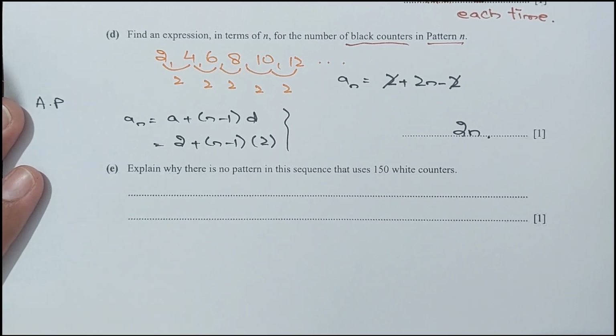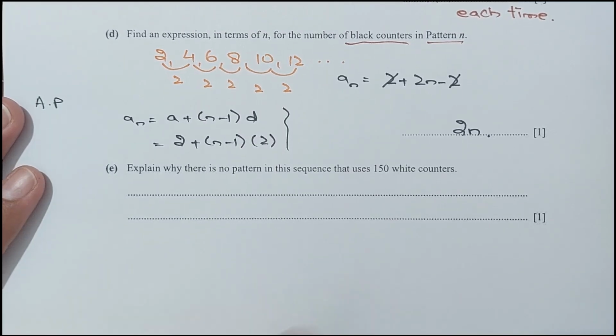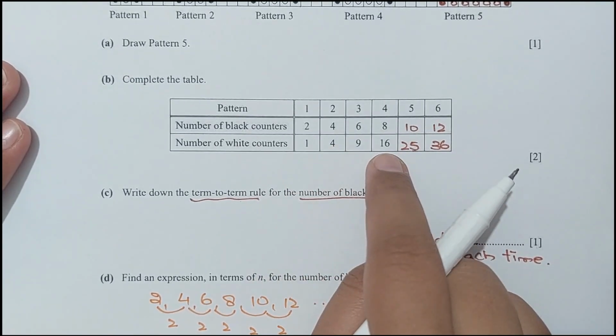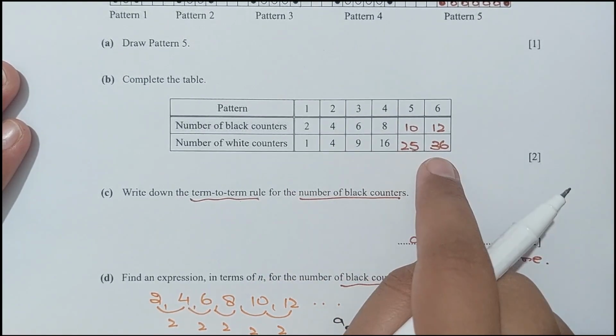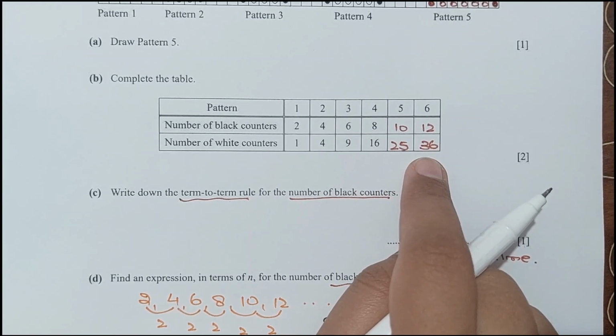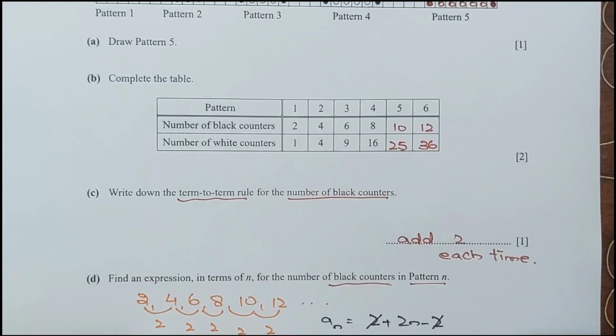Now for part E, explain why there is no pattern in a sequence that uses 150 white counters. White counters can be 1, 4, 9, 16, 25, 36. White counters are basically square numbers, those whose square root exists.